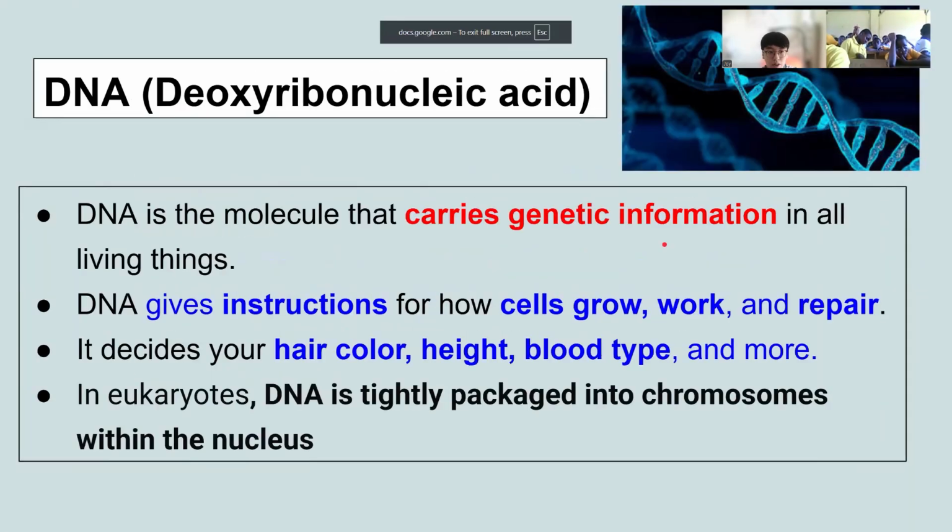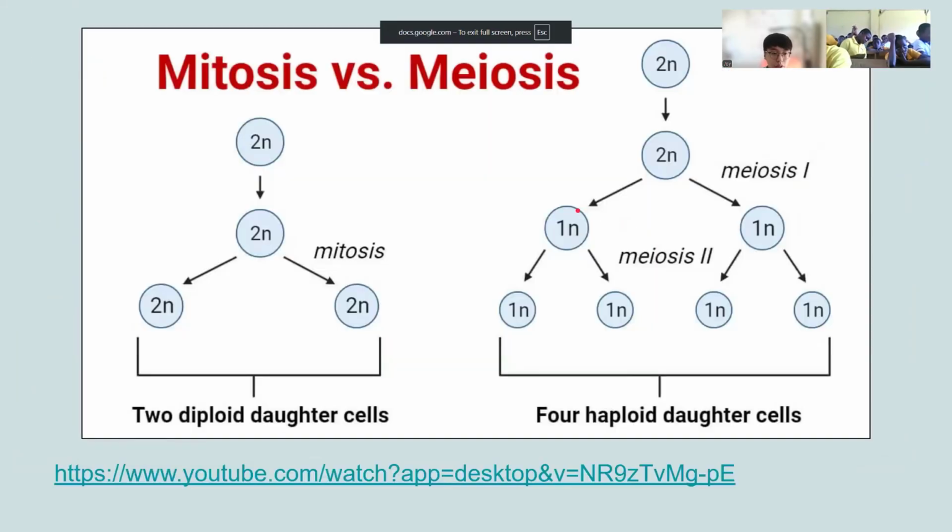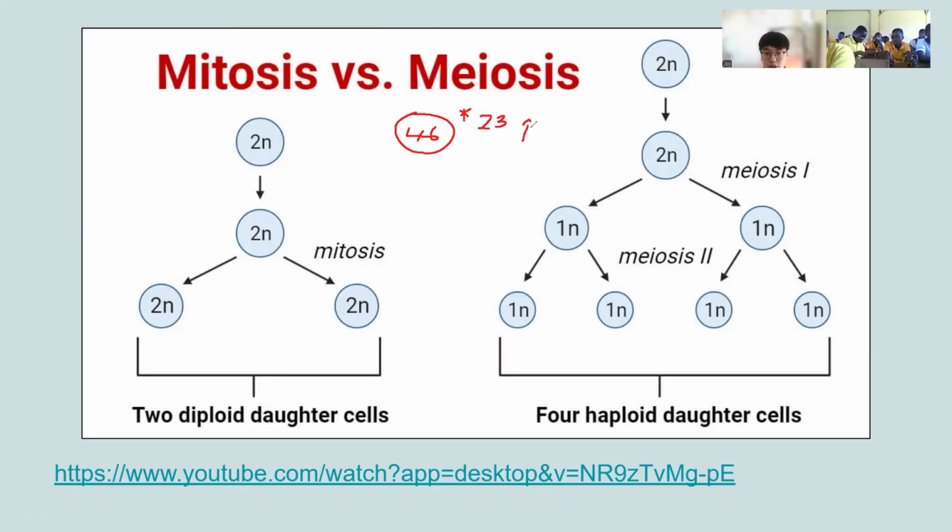So yeah, that was the difference between mitosis and meiosis. For this part, what I want everyone to get out of it is that human bodies are initially diploid. Our bodies are made up of diploid cells, containing 46 chromosomes, also in 23 pairs. This is a quick summary of everything.